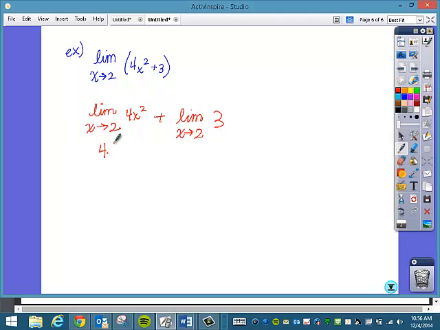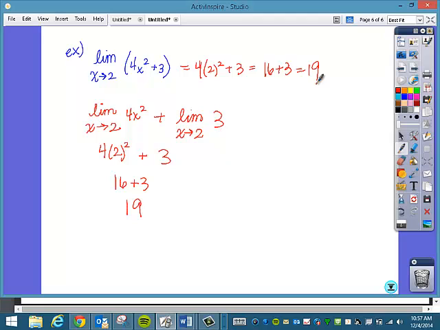So this is 4 times 2 squared, plus, if x approaches 2 of a constant, it's just the constant, 3. This is 4 times 4 is 16, plus 3 is 19. Or you could have just, from the top, plugged 2 in for x. This is 4 times 2 squared plus 3, 16 plus 3 is 19.